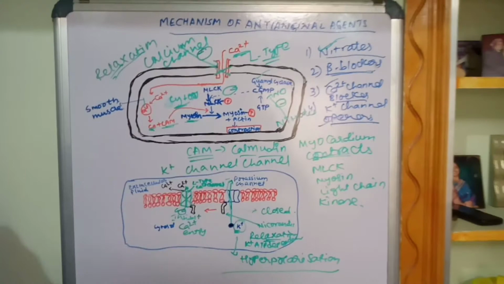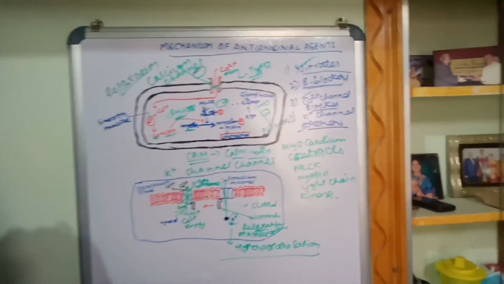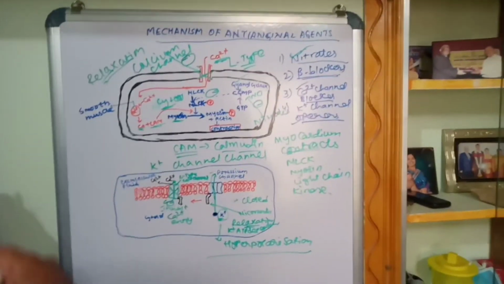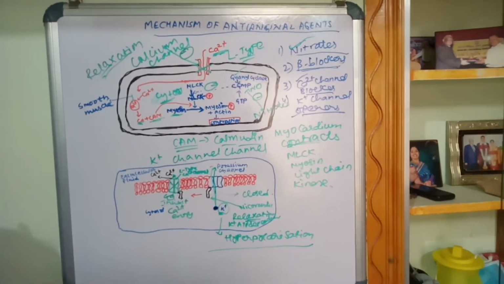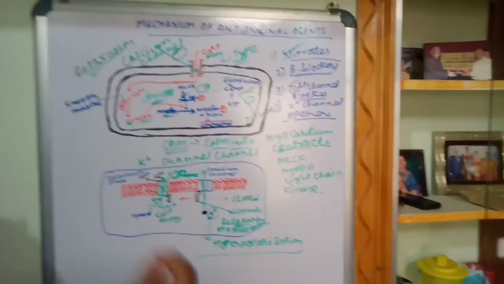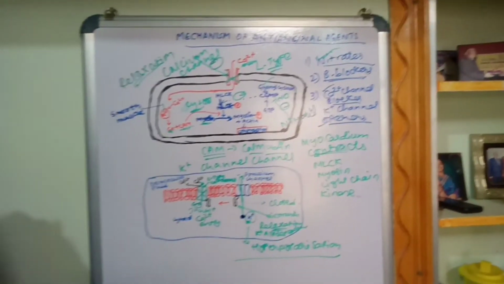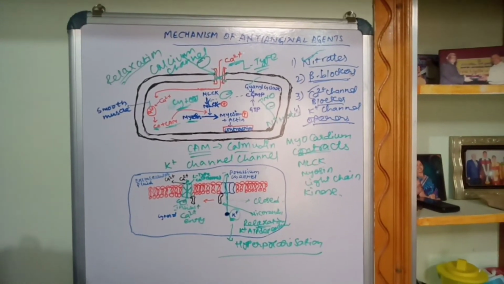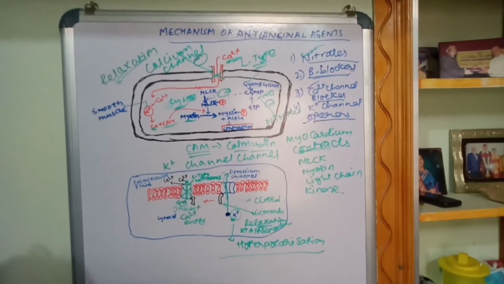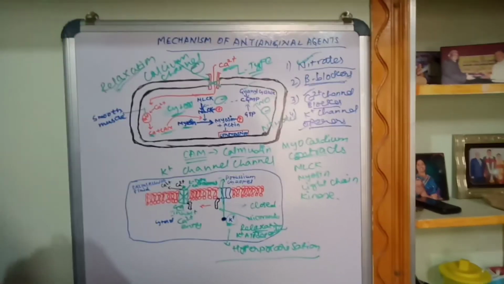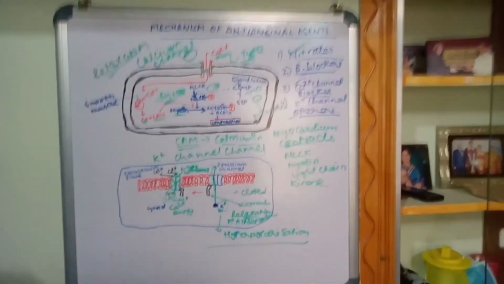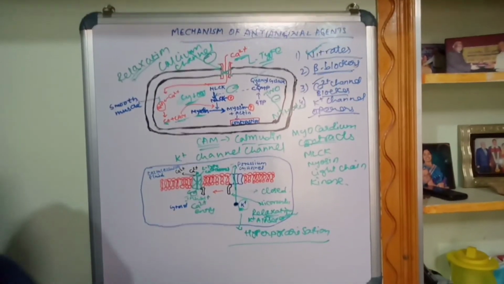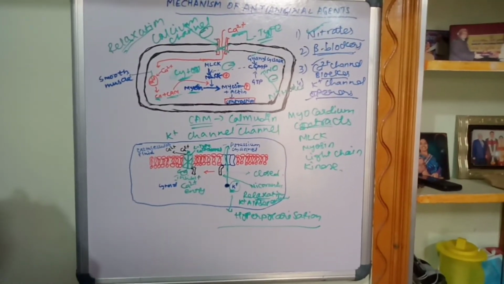This is all about the mechanism of anti-anginal agents. In my next video, we will be discussing other cardiovascular diseases. So this is our discussion for today. The main thing is that contractions are caused due to the influx of calcium ions, this you should know.